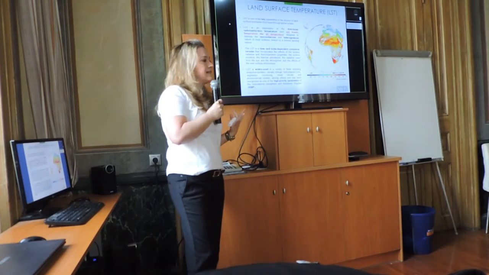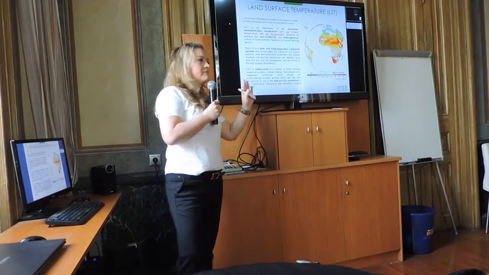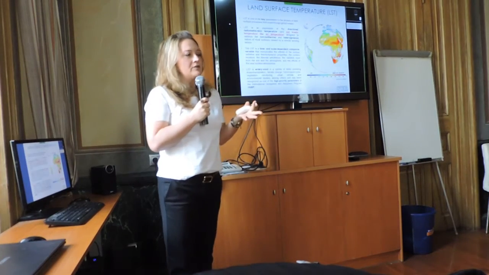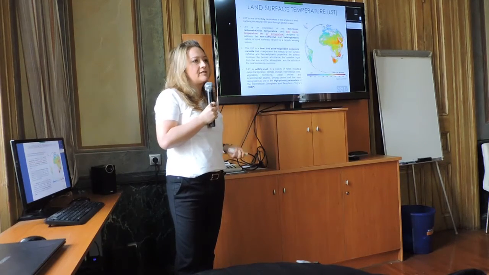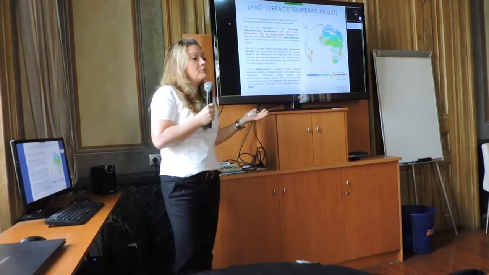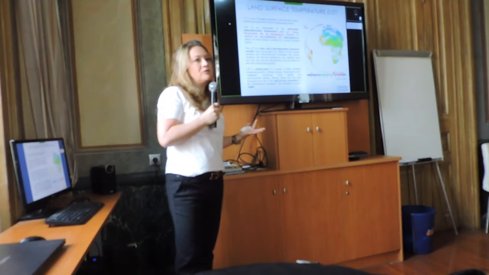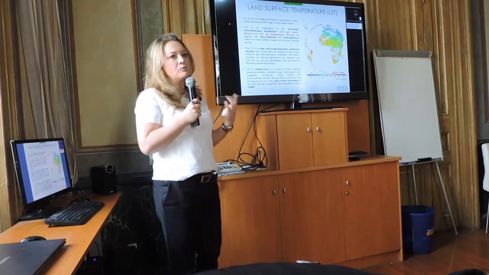You cannot just take one image in the morning and be covered with the temperature. It's as if you had a thermometer giving you one estimation at 10 o'clock in the morning, and then this would be enough for you to understand what the temperature will be during the day. It's not the case. So you really have to have continuous monitoring.